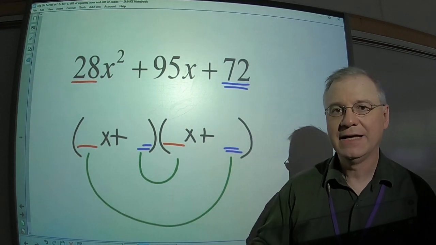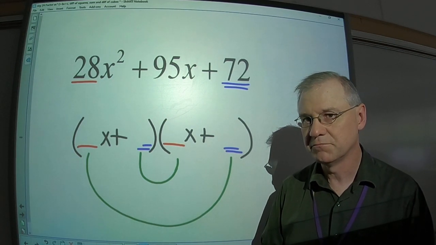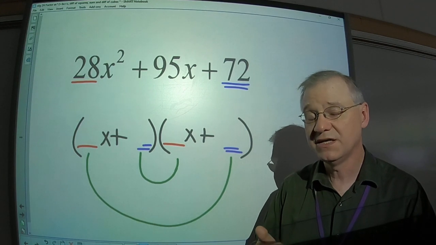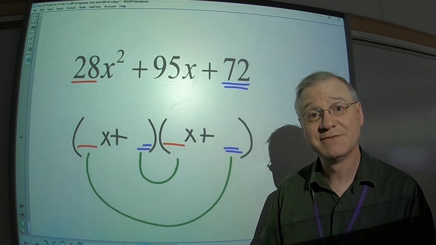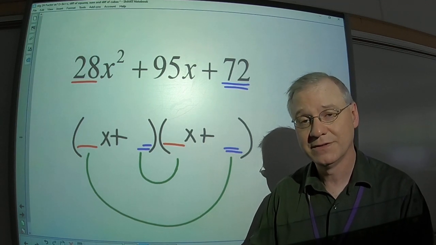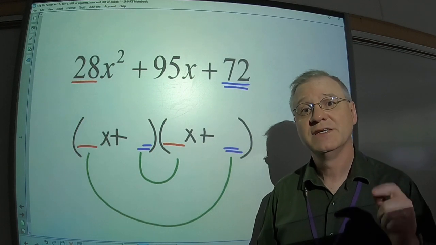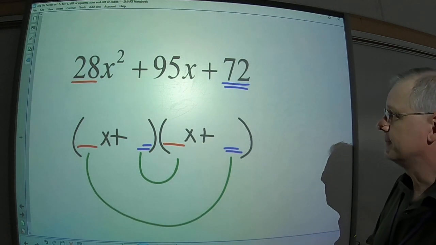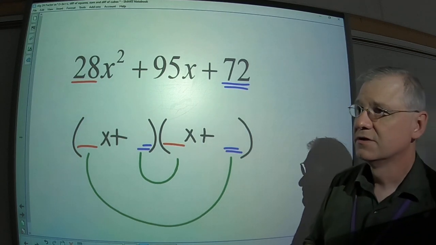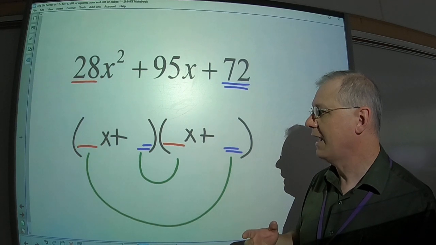If I multiply an even number times an even number, I'm going to get an even number. If I multiply an even times an odd, I'm still going to get an even number. The only way I multiply and get an odd number is if they're both odd. All right. What about if they're added?